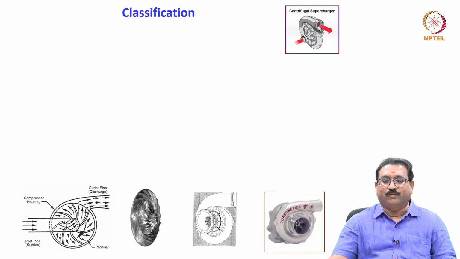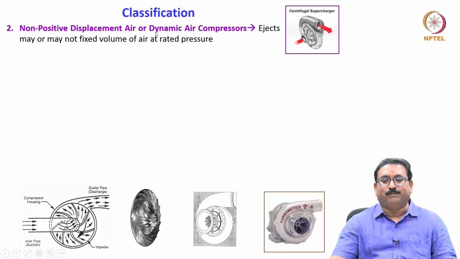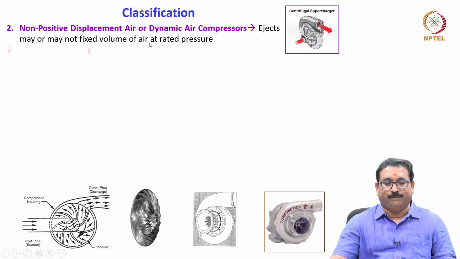Let us see quickly the non-positive displacement or dynamic air compressor. It may or may not eject a fixed quantity of air at the rated pressure.